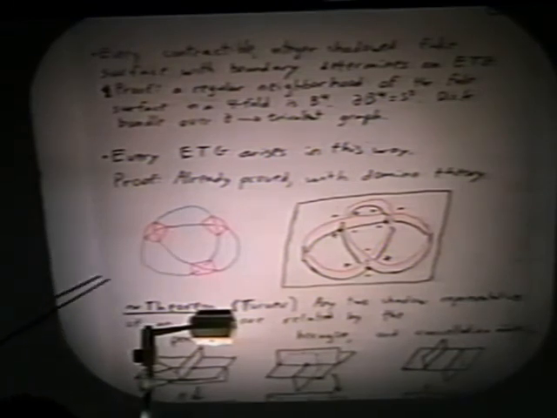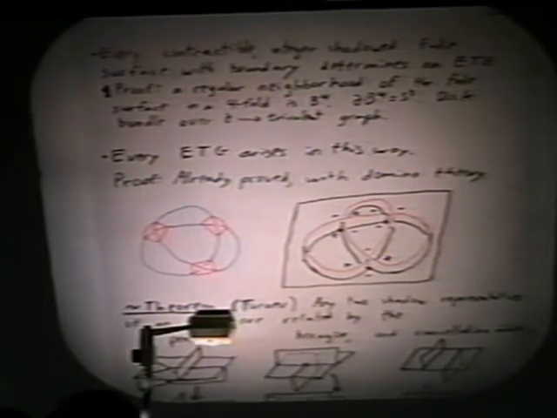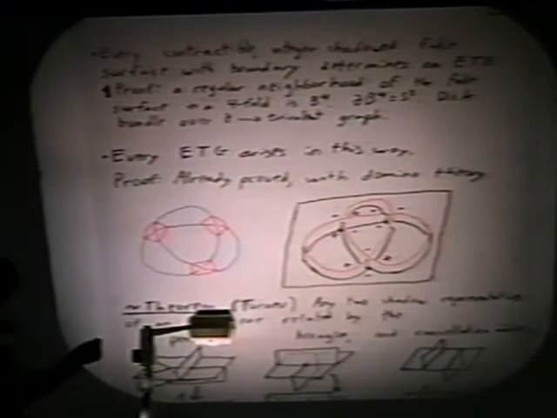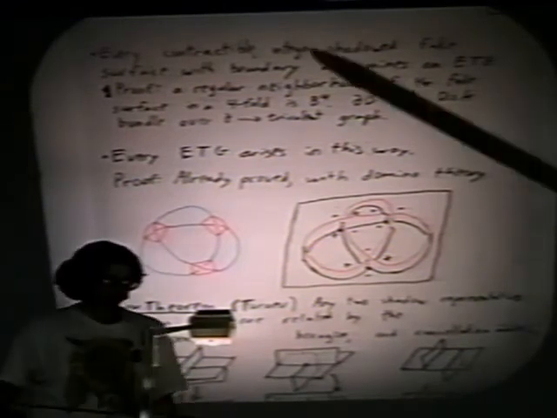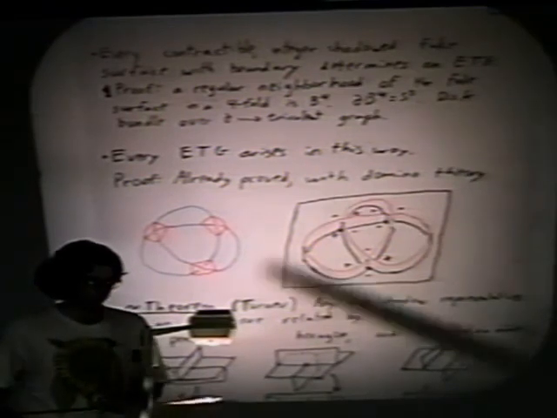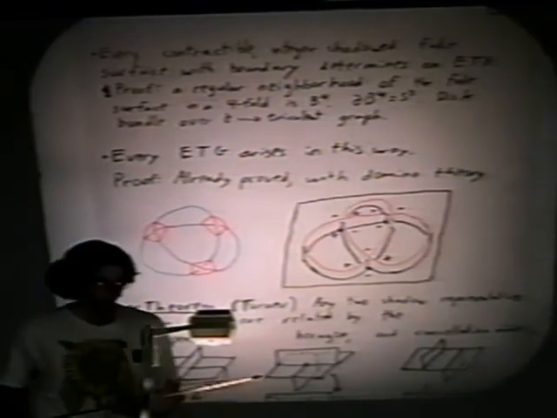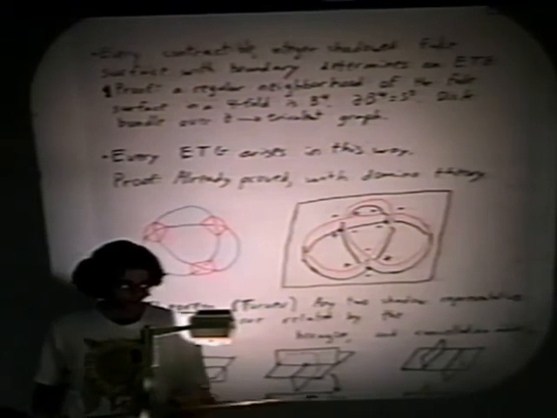So this is a representation of knots that generalizes both knot diagrams and non-associative tangle representations. Every contractible integer shadowed fake surface with boundary determines an embedded trivalent graph. These are just integers or half integers that we put on the 2 cells.